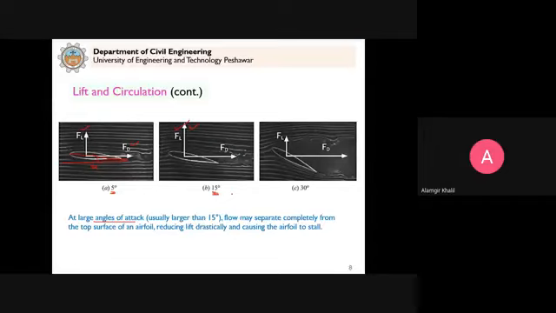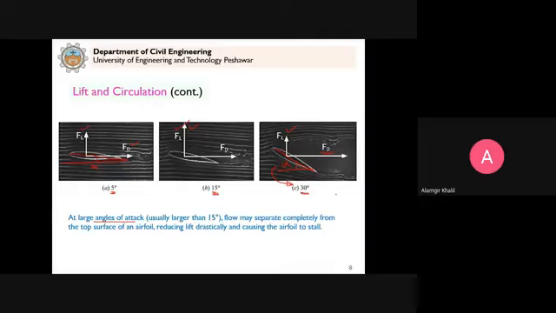This is not the case, because after reaching some limit or range, if we further increase the angle of attack, here it is 30 degrees, this is the chord, and this is the angle of attack. Then, as compared to 15 degrees, the lift force has reduced and the drag force has increased.